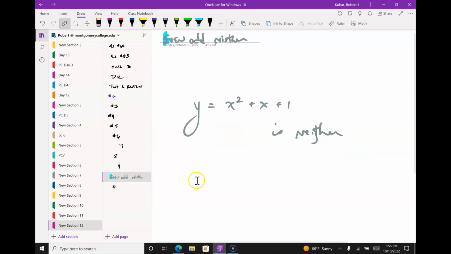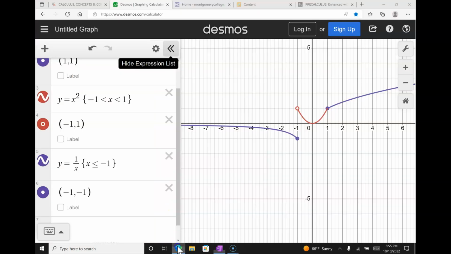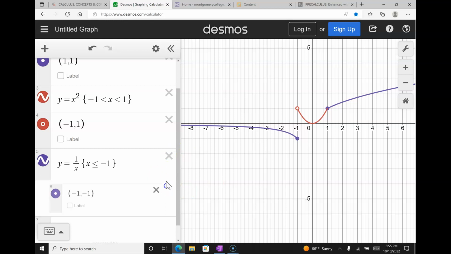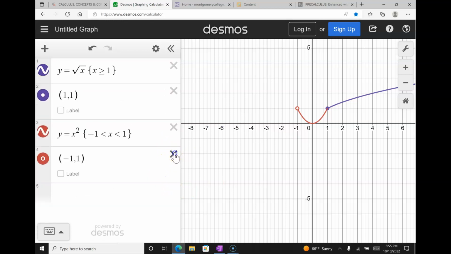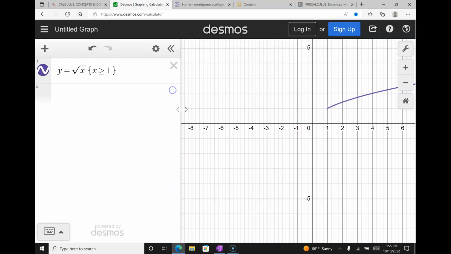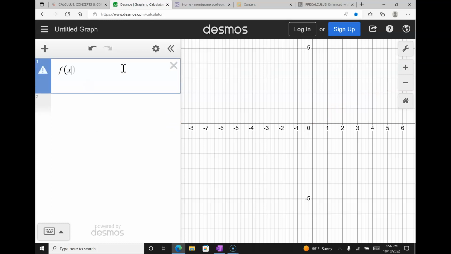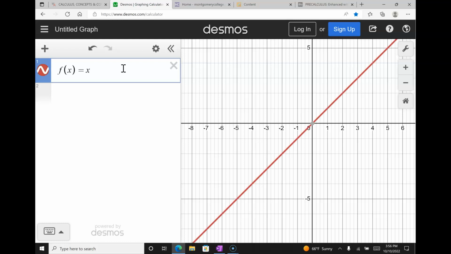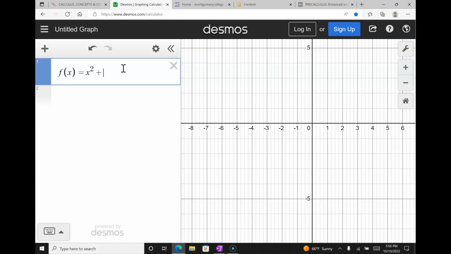If you graphed it, right? If you graph it, you'll see it's not symmetrical.